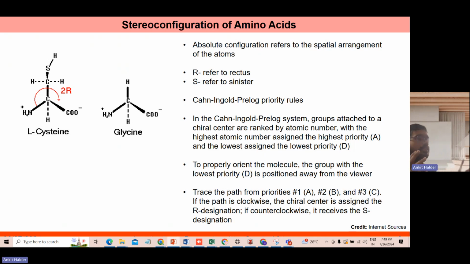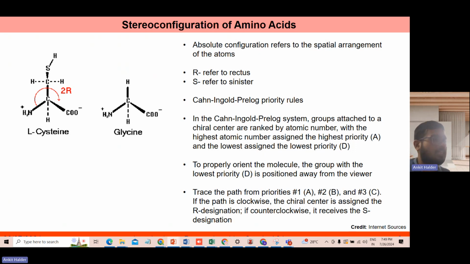So the absolute or spatial arrangement comes with the configurations of two things. One is R and another is S, that is rectus and sinister, right? So how is it determined? It is determined on the basis of priority rules. So what is that priority rule?